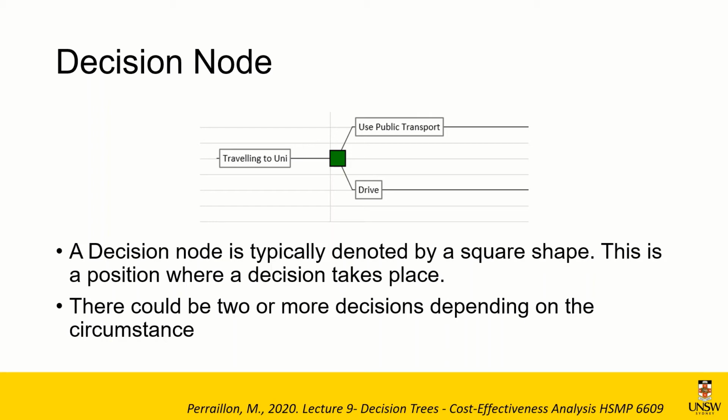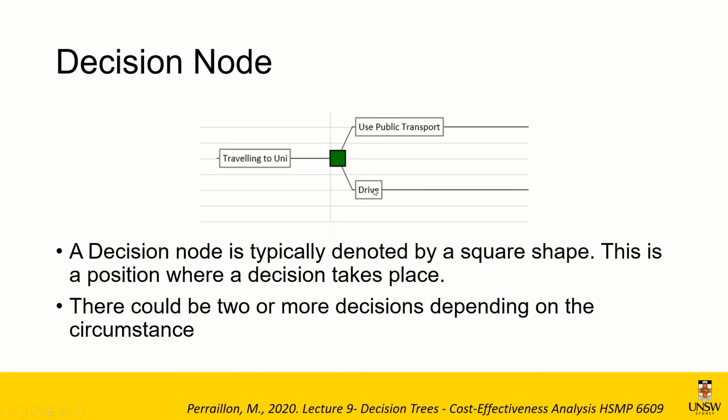And there could be two or more decisions depending on the circumstance. There could even be three decisions. There could be another decision which is coming here, which is walking, if you are not that far away, let's say around 1.5 kilometers away. And if you enjoy walking, if you are a person who's conscious about your health and try to make the most of the morning hours, then you can simply walk to uni as well. So there could be three decisions likewise, but for the sake of explaining, I'm just using two decisions here.